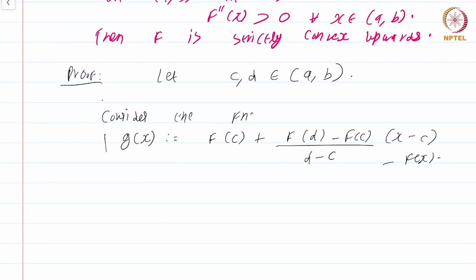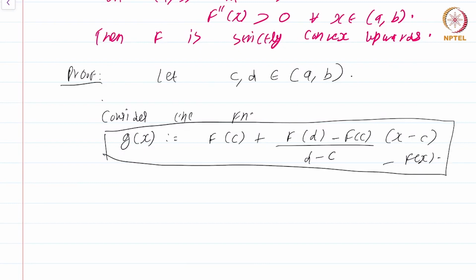Now this function should ring a bell. This is very similar to the function that we considered while proving the mean value theorem. What I'm essentially doing is considering the line passing through the points (c, f(c)) and (d, f(d)), and subtracting f(x) from this. As can be guessed, our goal is to show that this function g(x) is greater than 0 for all points x in the interval. So this function g is defined from [c, d] to R.